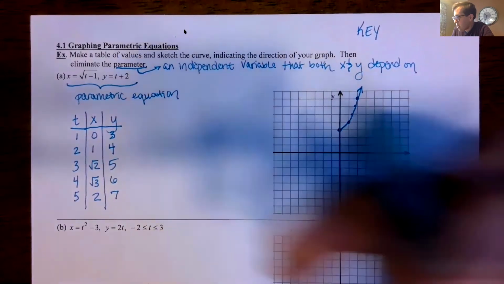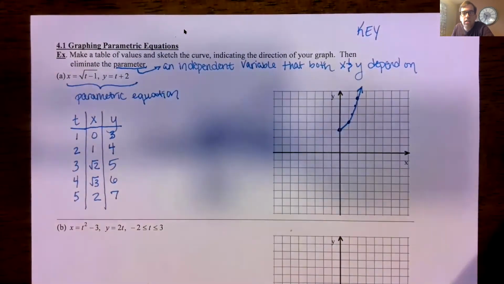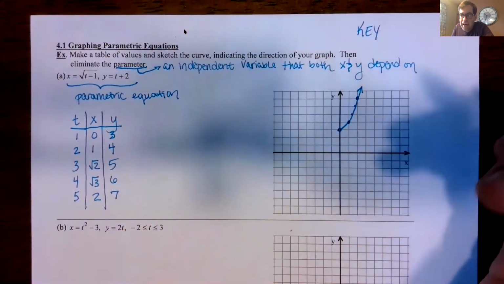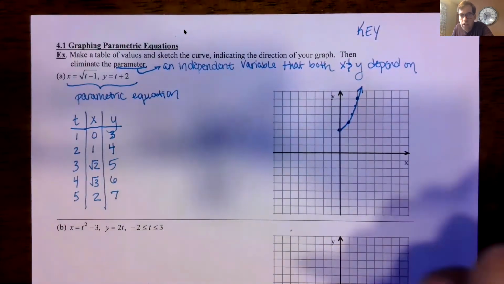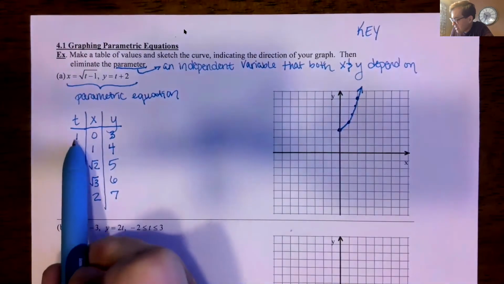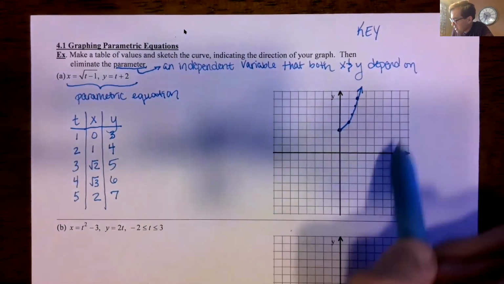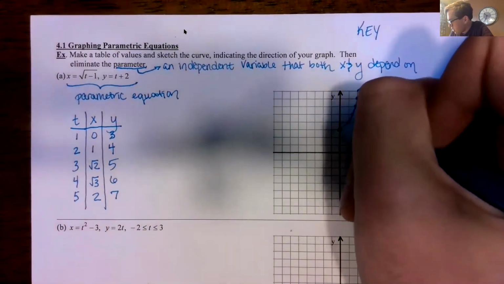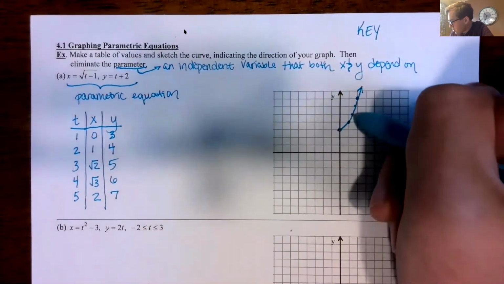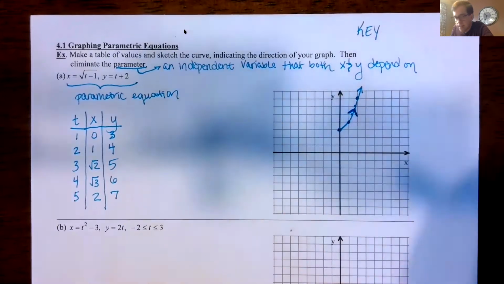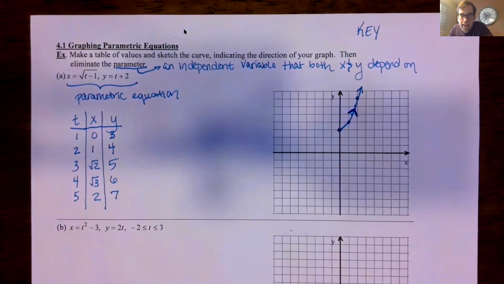Typically, for a parametric equation, it's normal to see an arrow on your curve indicating which direction the curve is being drawn. So as t's are increasing, since the t itself doesn't show up on the graph, we know it started here and was going this direction. So we're going to put an arrow symbol like that to show that it's going that way.